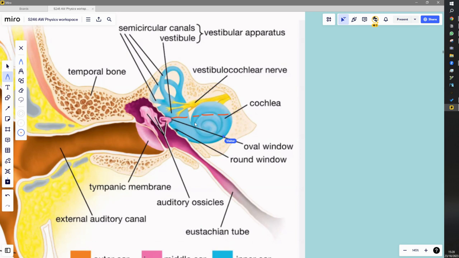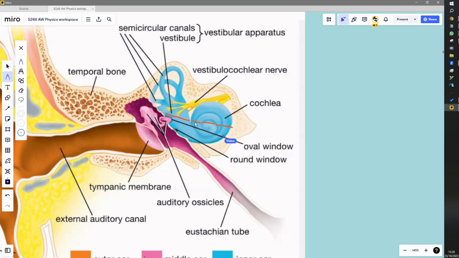Now, if you change the position at which you're standing, then just like water in a glass, it moves and changes. It might go more like this because you're leaning to one side. Around the outside of the cochlea, you have the different nerves, and you can see nerves up here.